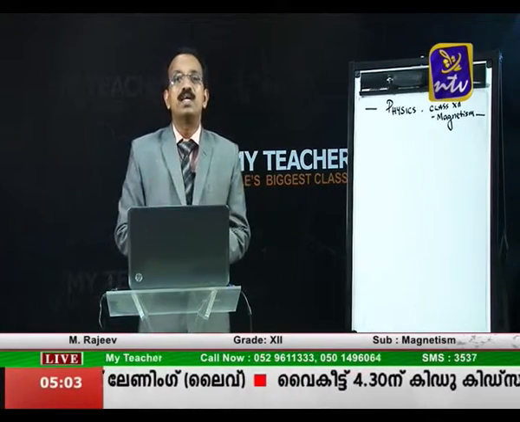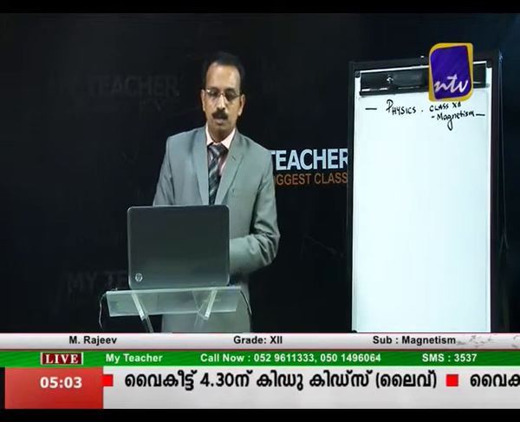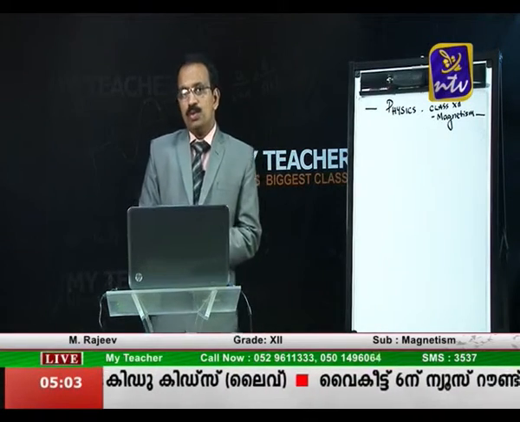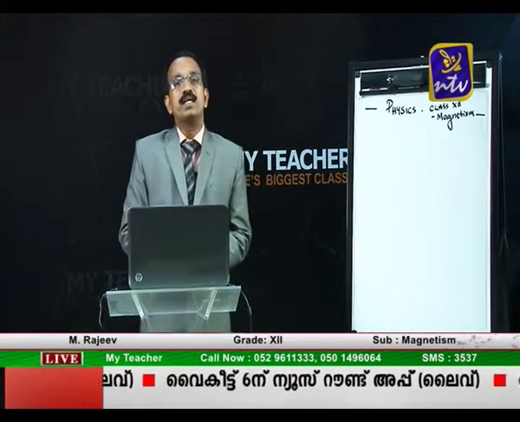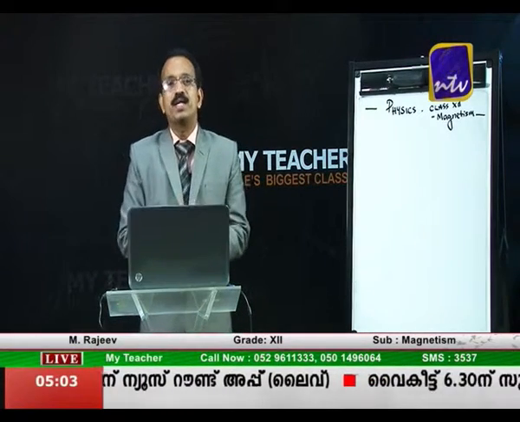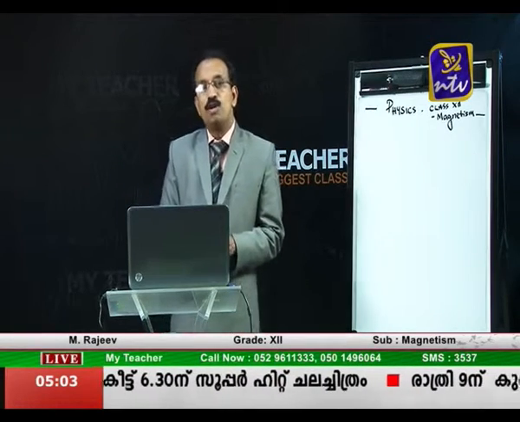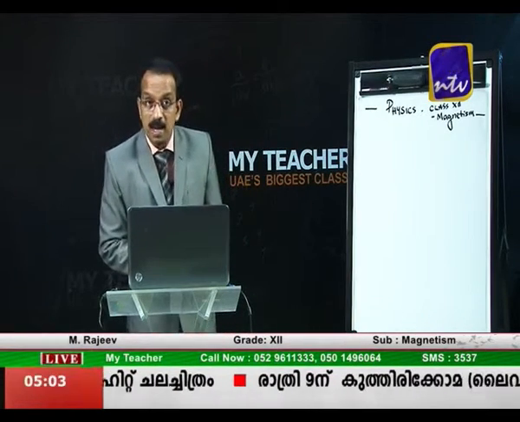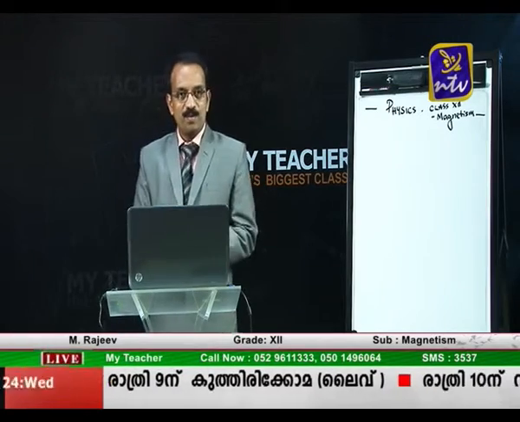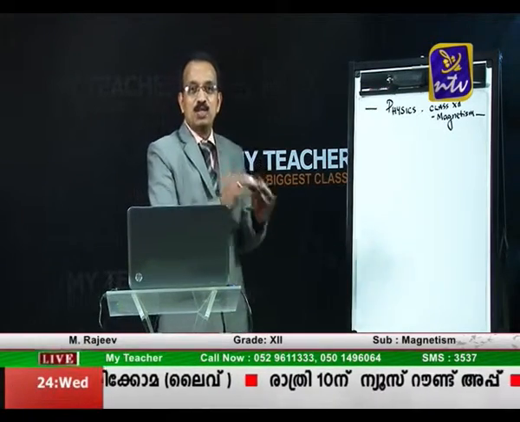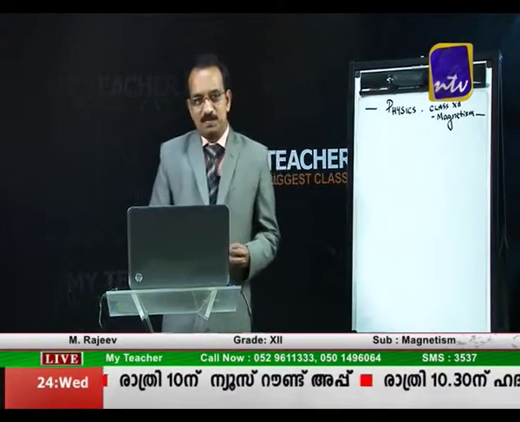As a whole, there won't be any net magnetic effect, magnetic moment. So more precisely, we can say, according to the molecular theory of magnetism, magnetism arises from the spin motion of unpaired electrons. Okay, so that is the basic story behind magnetism.